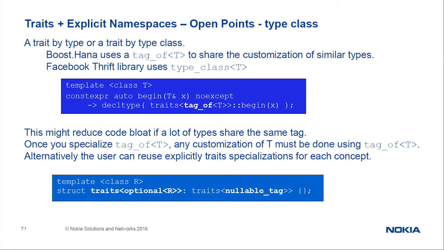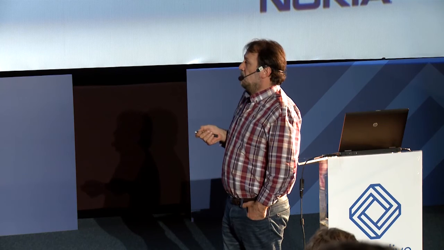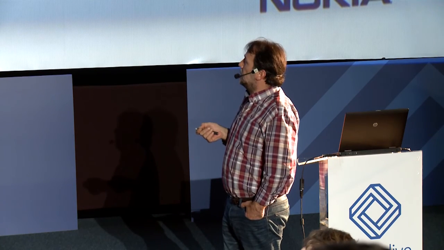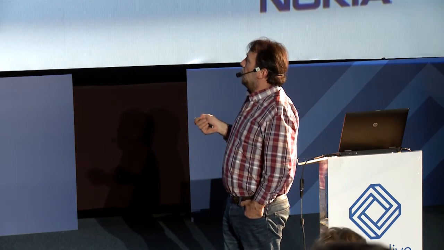This could help maybe to reduce the code. I believe that is something that needs to be considered. And without this kind of tag, what we can do is, okay, I will specialize optional R for this thread using the nullable tag.